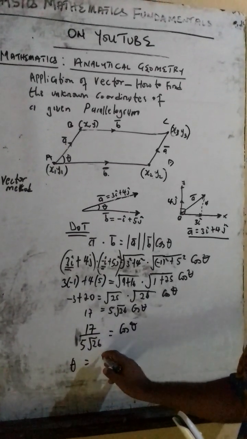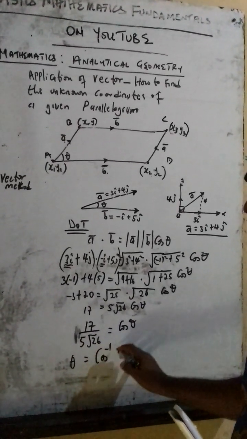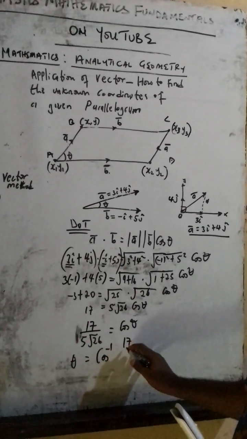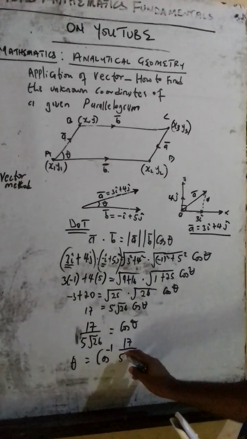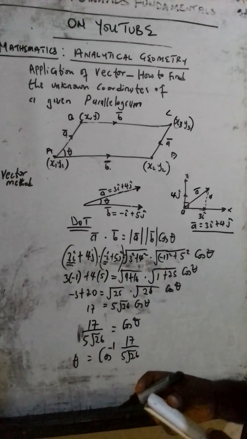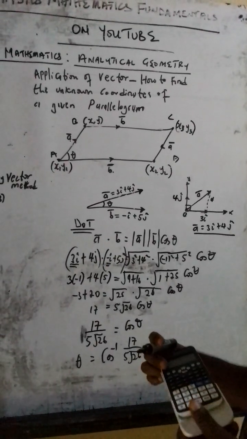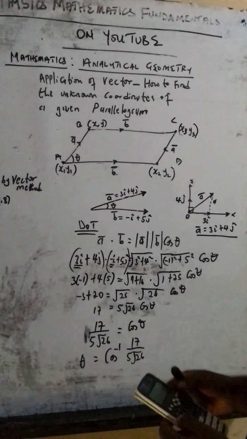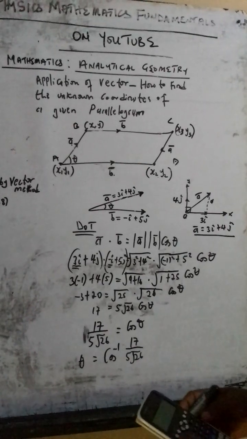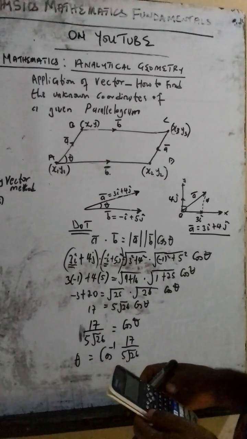To get theta, we take the arc cosine of the expression we have here. So theta will be arc cos of 17 divided by 5 root 26. At this stage, we go to the calculator. In the calculator, we press the second function of the cosine.